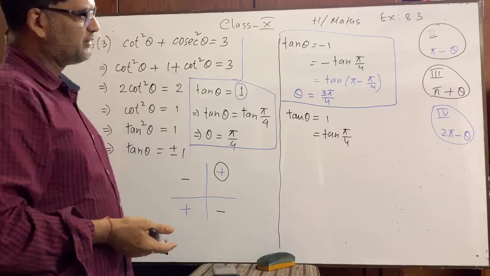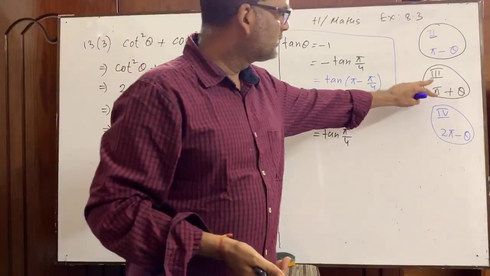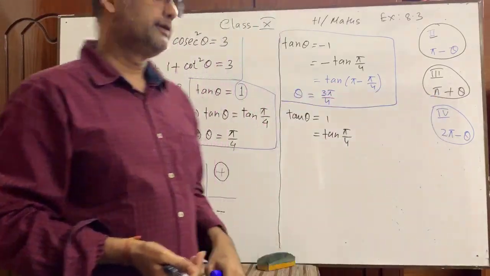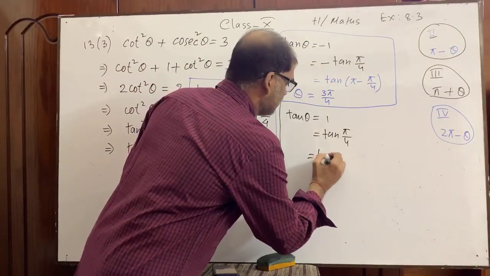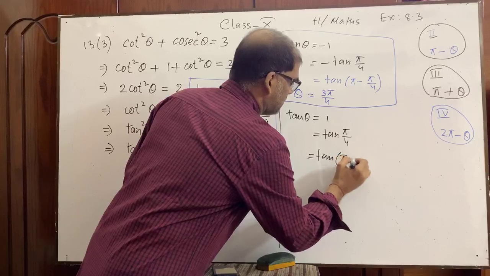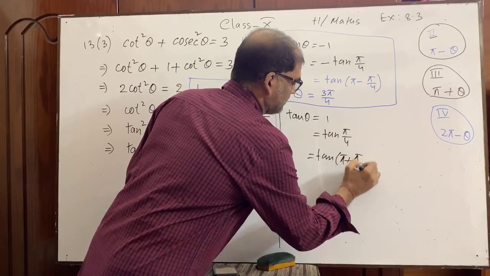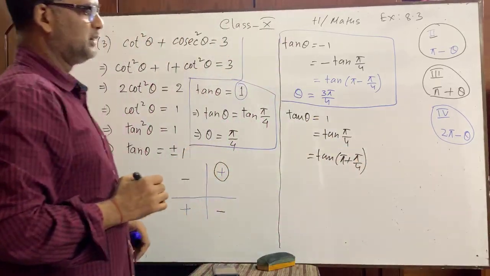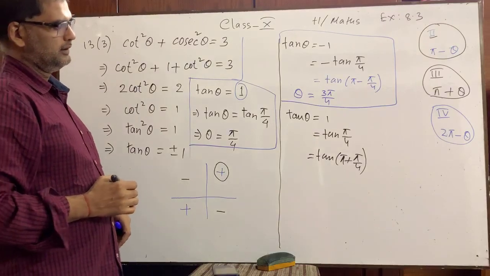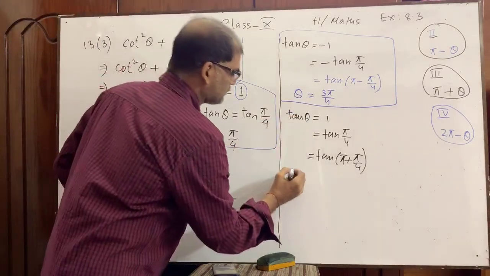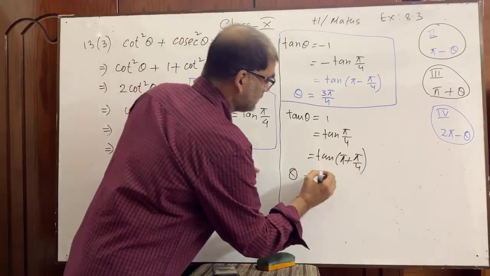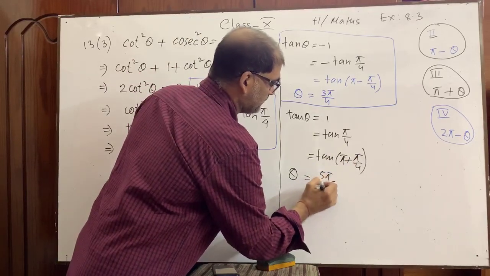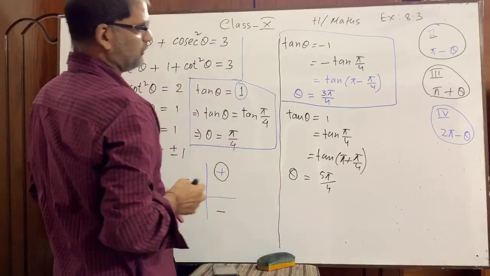Third quadrant, what is the formula? I wrote here third quadrant, pi plus theta. Okay, write down tan of pi plus theta. Theta equals pi by 4. Therefore theta equals pi plus pi by 4, that is 5 pi by 4. 5 pi by 4.